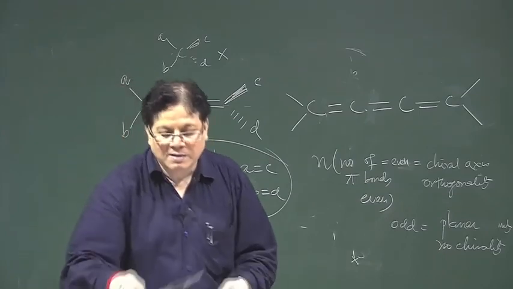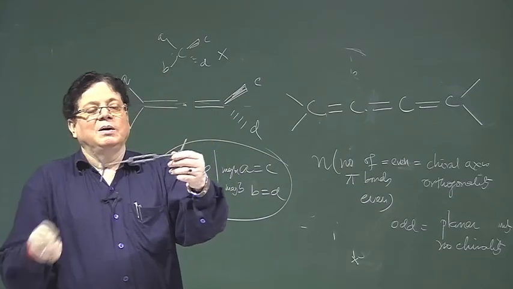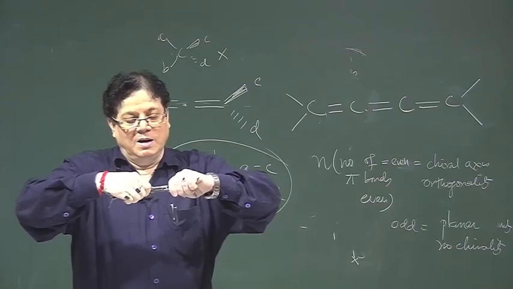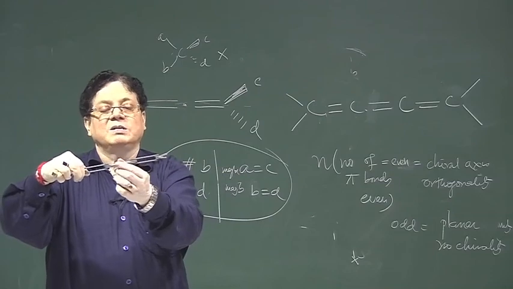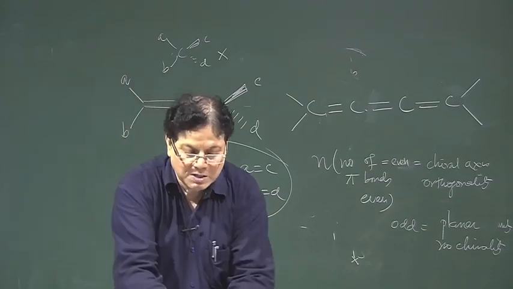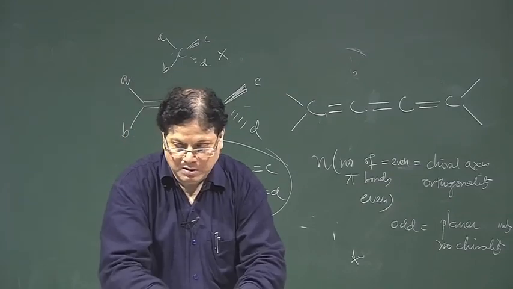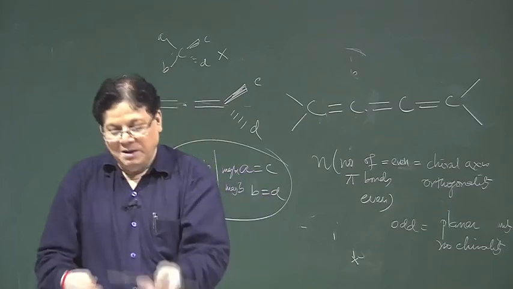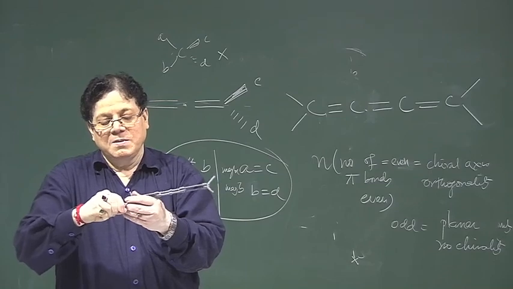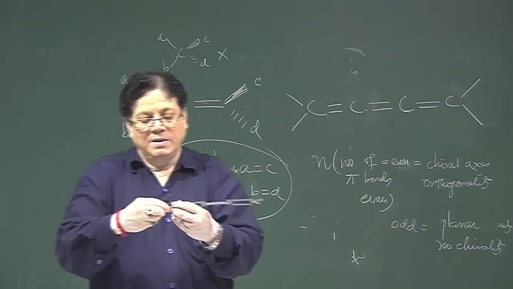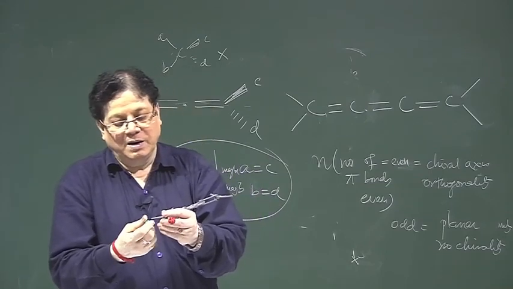If you look at this molecule, it now has 3 pi bonds, that means n equals 3. You see the two ends have become planar; the two ends are coplanar with each other.